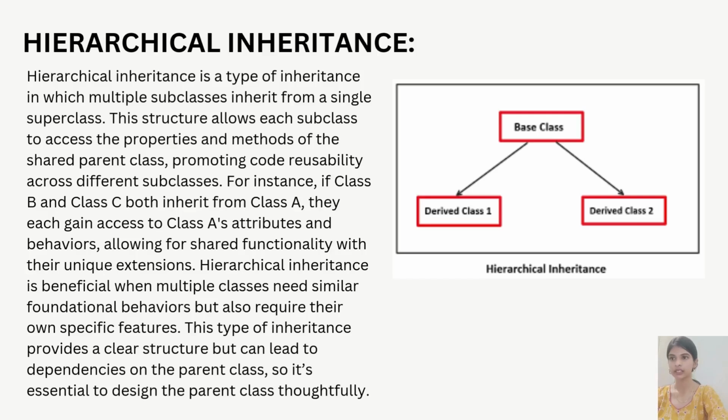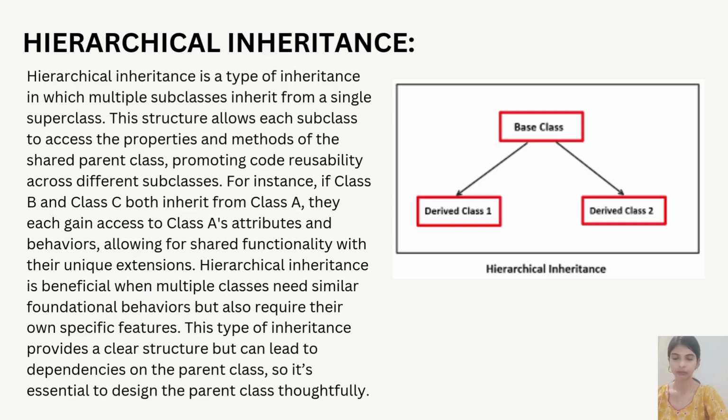Hierarchical inheritance is beneficial when multiple classes need similar foundational behaviors but also require their own specific features. This type of inheritance provides a clear structure but can lead to dependencies on the parent class, so it is essential to design the parent class thoughtfully.